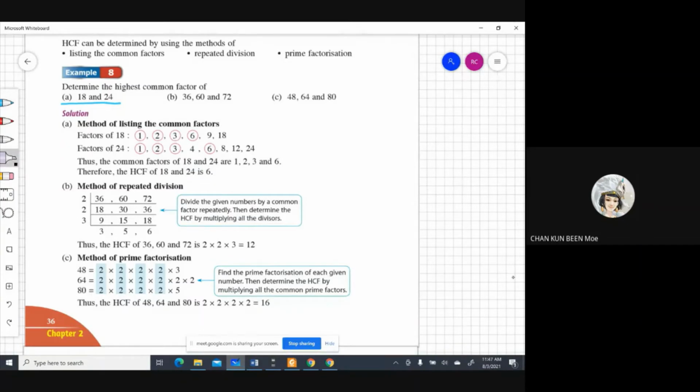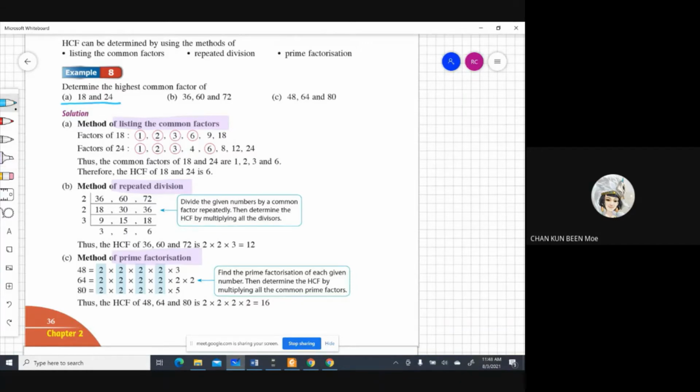The first method is listing the common factors, like what we did just now. The second method is by using repeated division. In a previous lesson, we have already learned this. It is just like the repeated division and the factor tree that we have learned. The third one is by using prime factorization. You don't have to worry, we are going to go through all of it one by one.